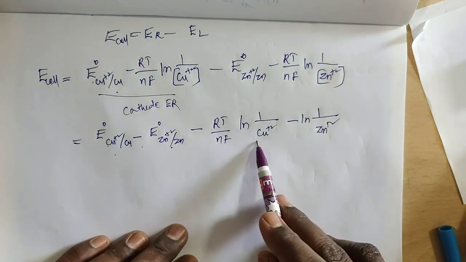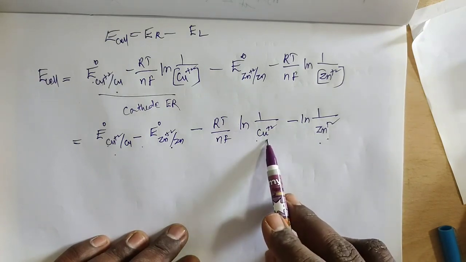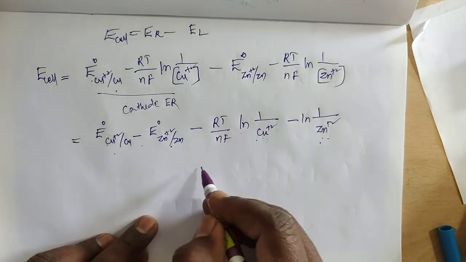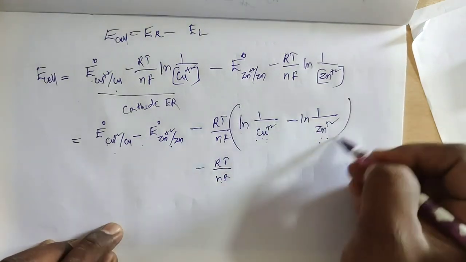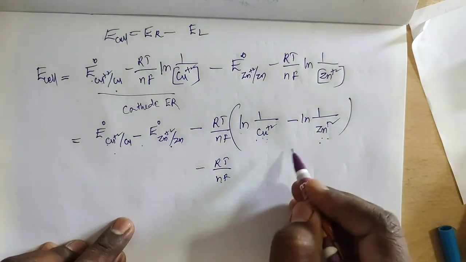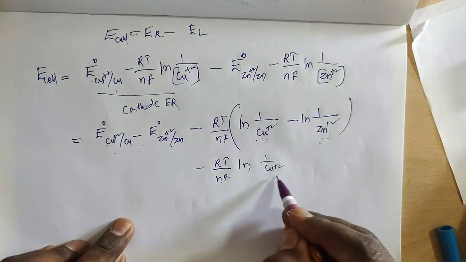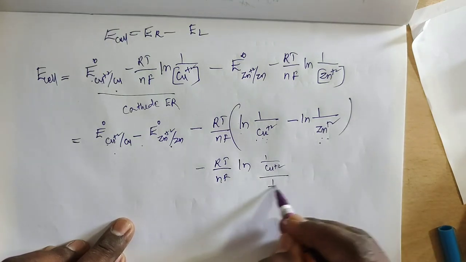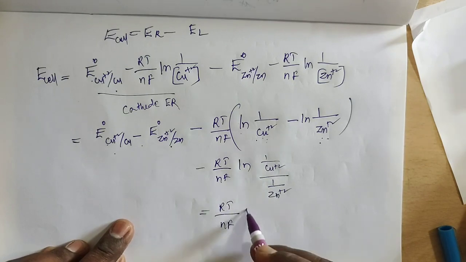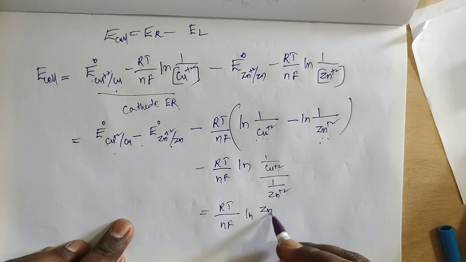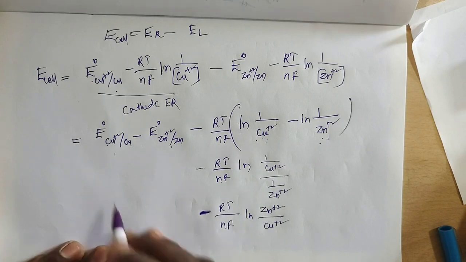So you observe in this log A minus log B, ln A minus ln B. You take the ln A, which one is this one, 1/Cu+2, and ln B, 1/Zn+2. You get RT/nF ln, so you rearrange this as Zn+2/Cu+2.